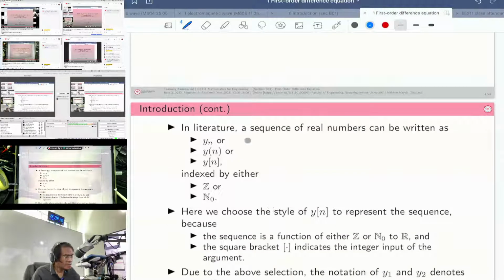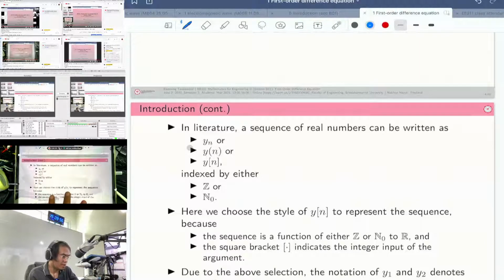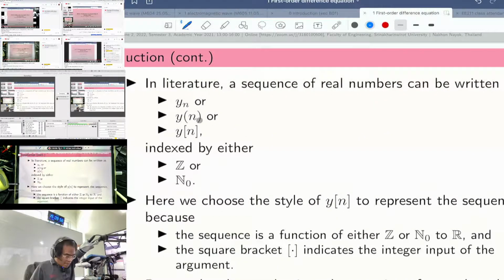Okay, in literature, a sequence of real numbers can be written as y_n, y with subscript n, or y with parenthesis n, or y with square bracket n, and the domain of n will be Z, which is the integer set, or N0.